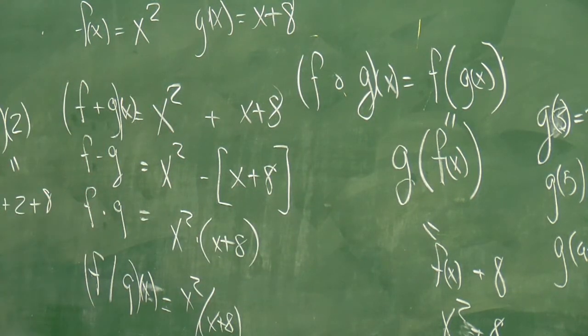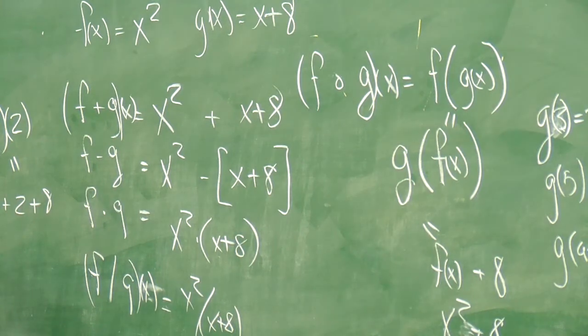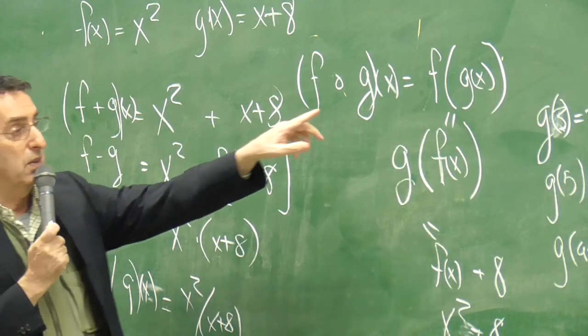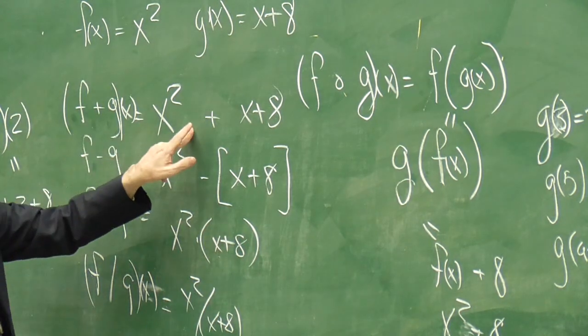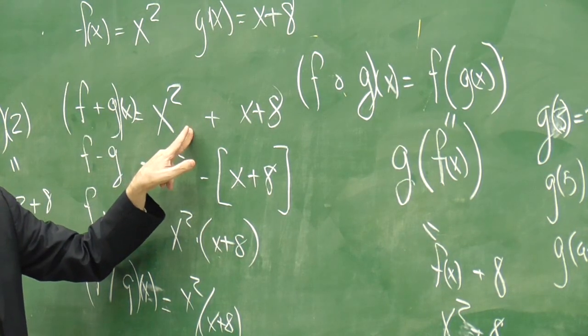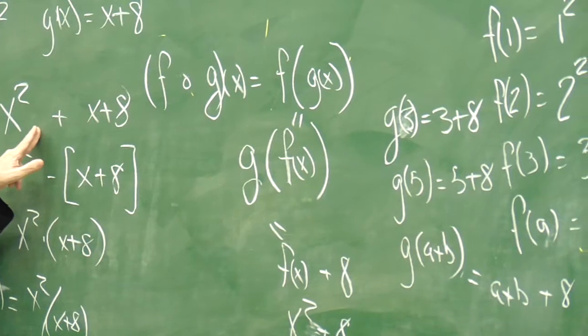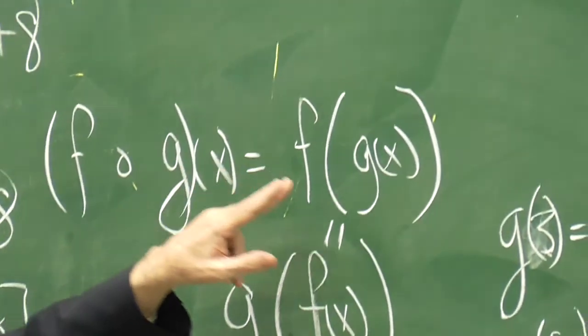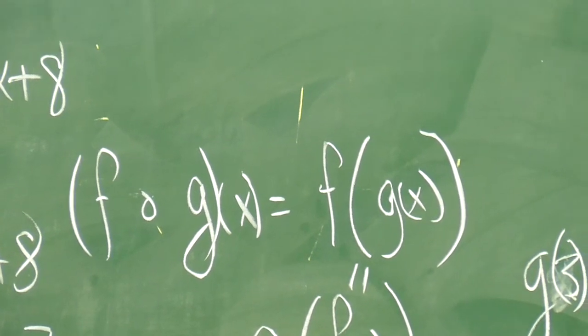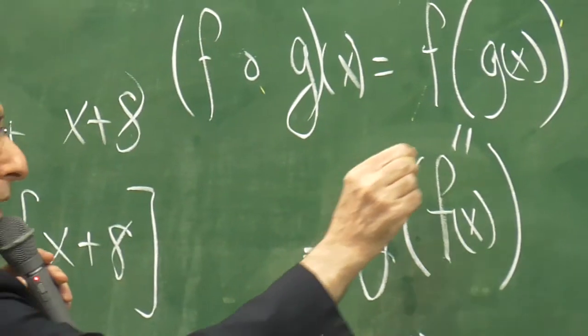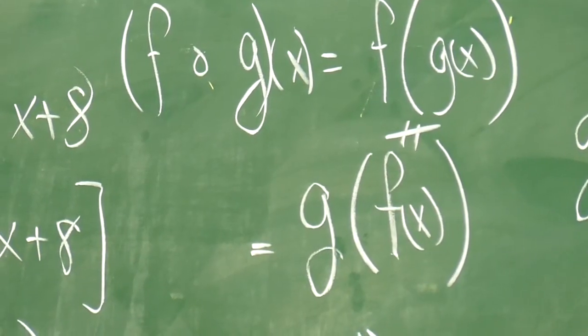So that's the symbol for doing this. So this just means do this. Just like this just means, add the two functions. Right? Okay, so this just means do this. And so what's the symbol for this one?